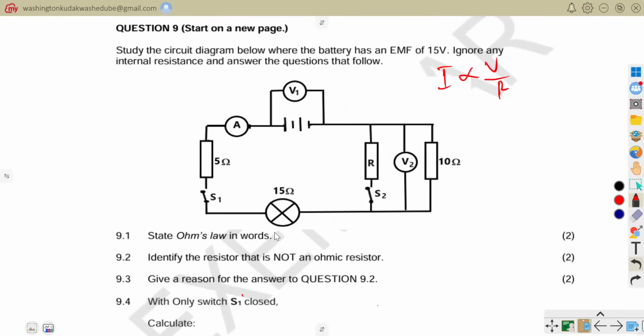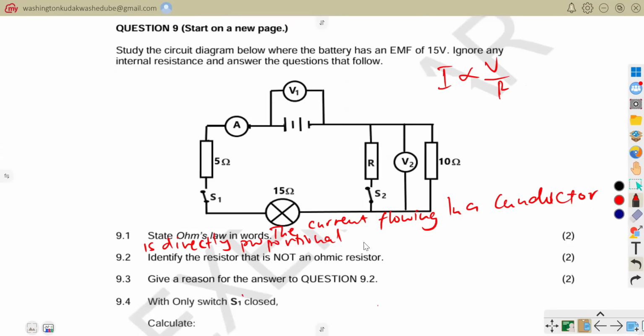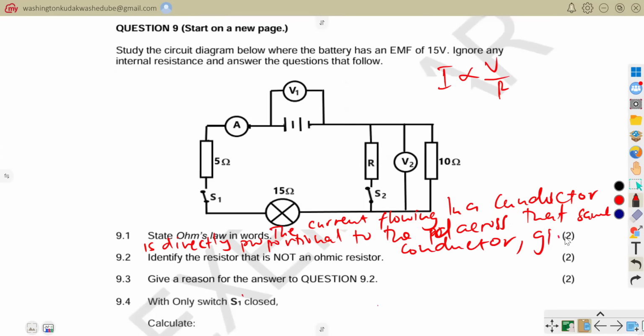So we are saying that the current flowing in a conductor is directly proportional to the potential difference across that same conductor, given that the temperature remains constant.